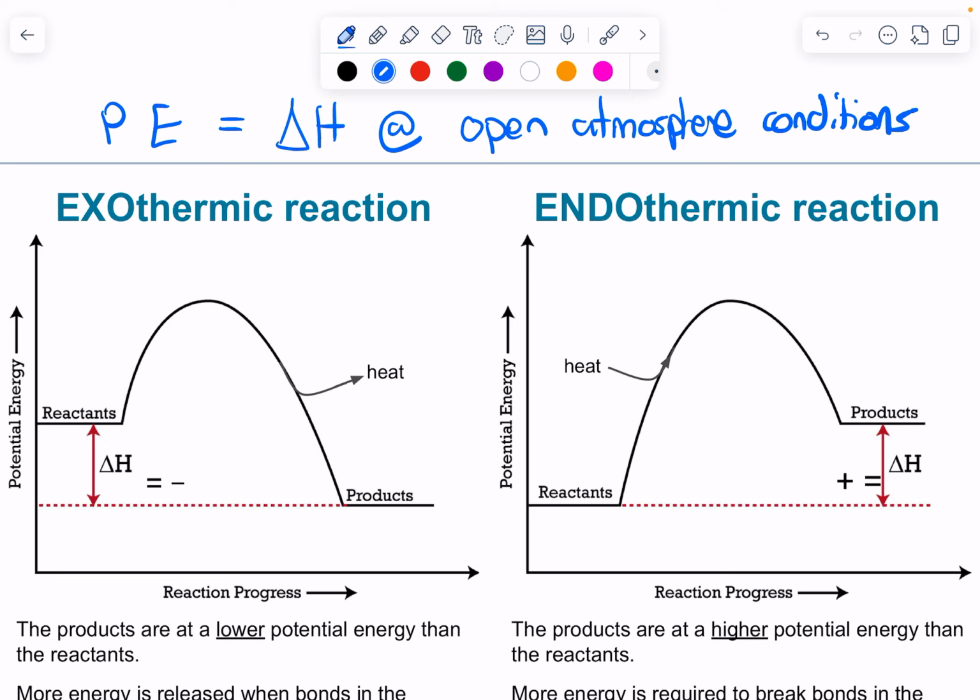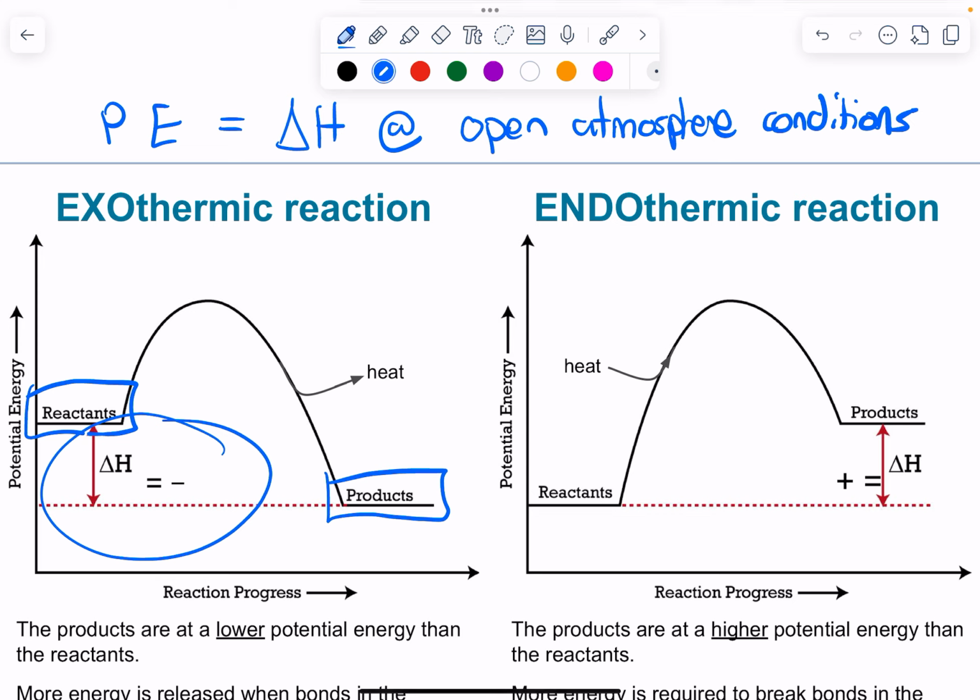In this first example, we should have a negative sign. This corresponds exactly with when we talked about changes in energy in class on Monday. We saw that if the reactants are at a higher potential energy and they go down to a lower potential energy, then the energy change should be negative. That's true of the enthalpy change too, because energy is basically equivalent to enthalpy in this instance.